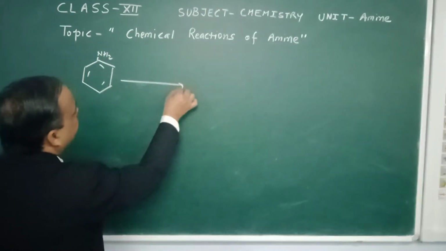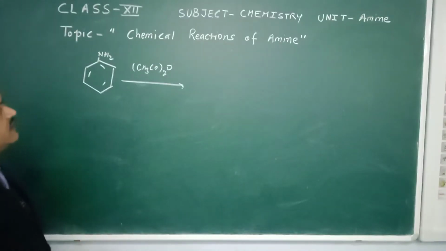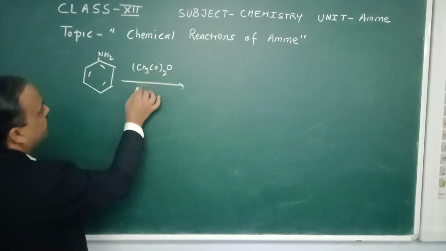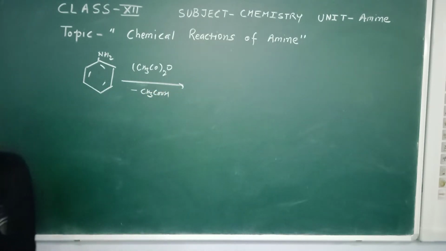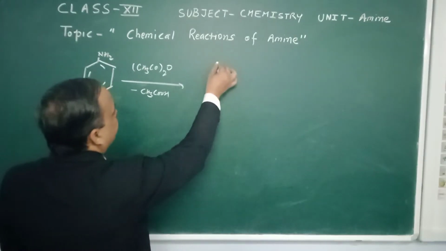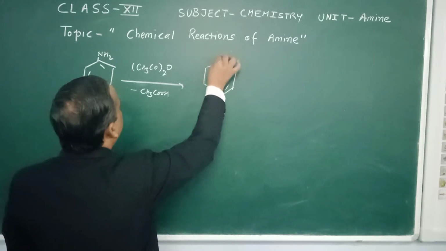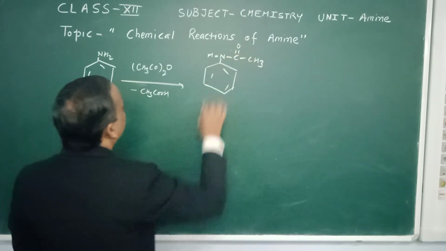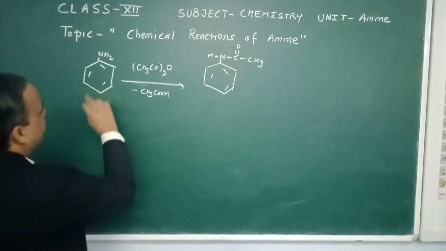When we react it with acetic anhydride, (CH3CO)2O, a hydrogen is liberated from the aniline and CH3COOH is liberated. Then we have NH double bond O CH3, the group added on the aniline.